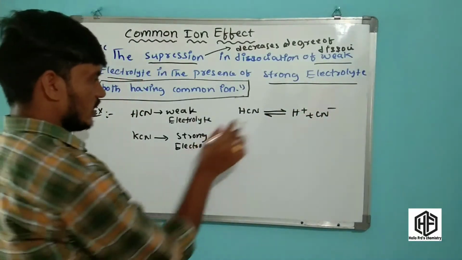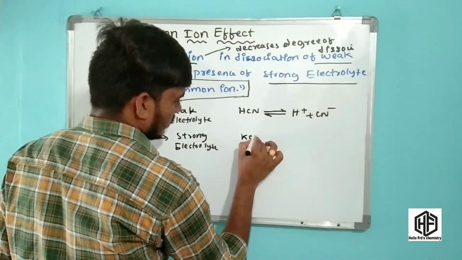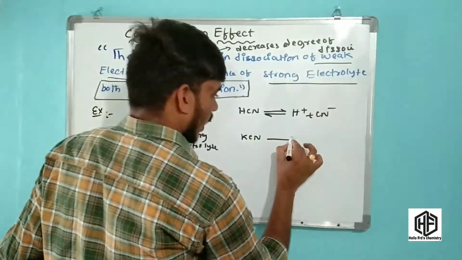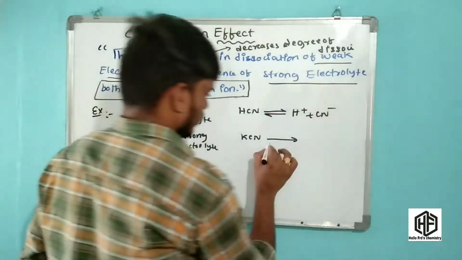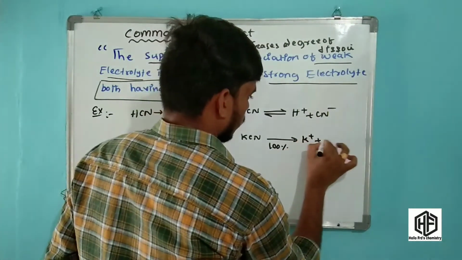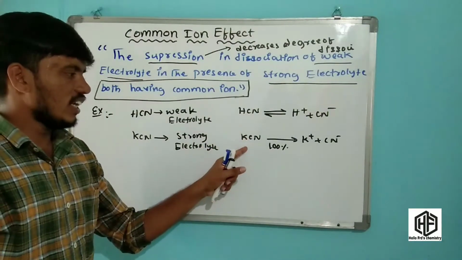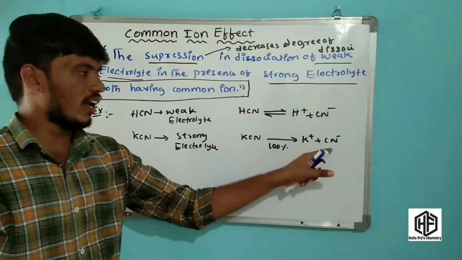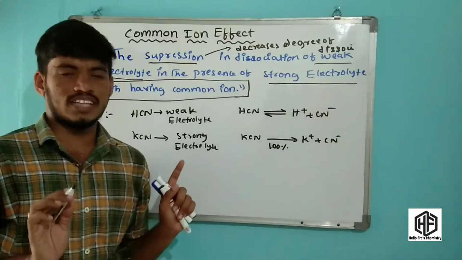Now I am going to talk about the strong electrolyte. KCN is a strong electrolyte, 100% dissociated into K plus and CN minus. In HCN and KCN, what is the common ion? The CN minus ion is common.